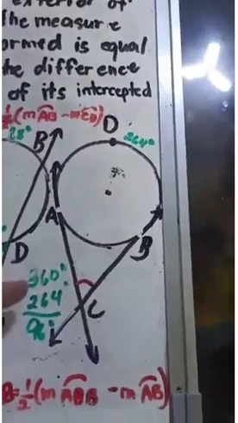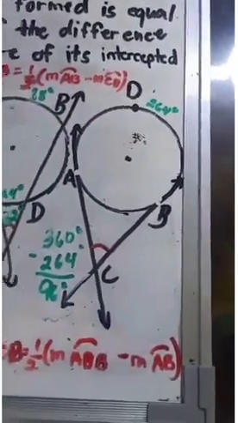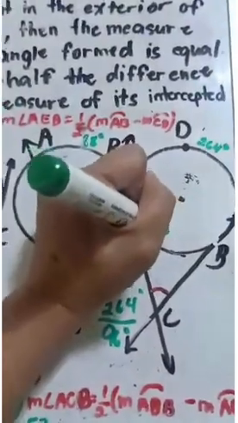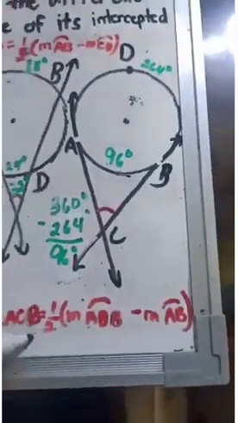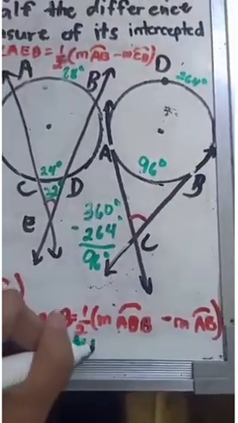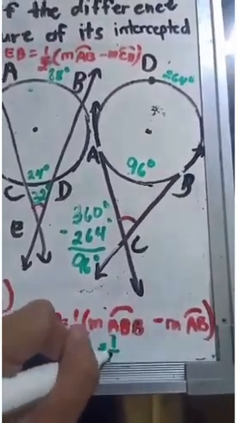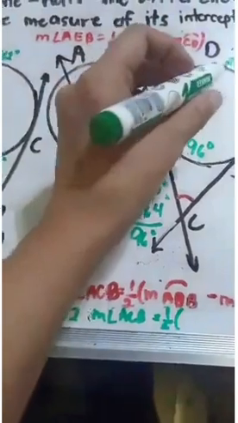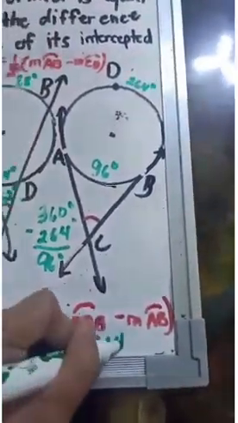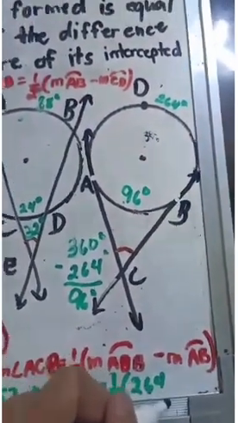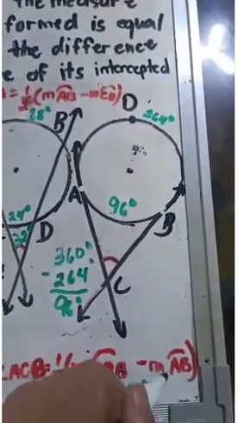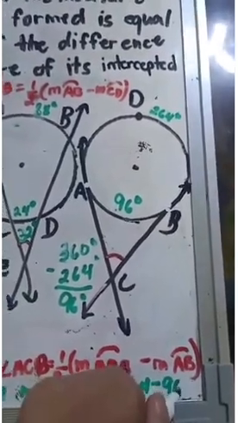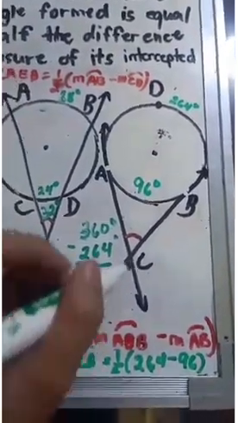Now, since this is 96 degrees, to get the measure of angle ACB, that is half the measure of arc ADB, which is 264, minus the measure of arc AB, which is 96. So, we subtract.